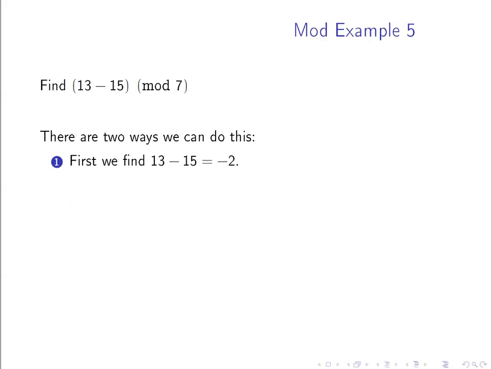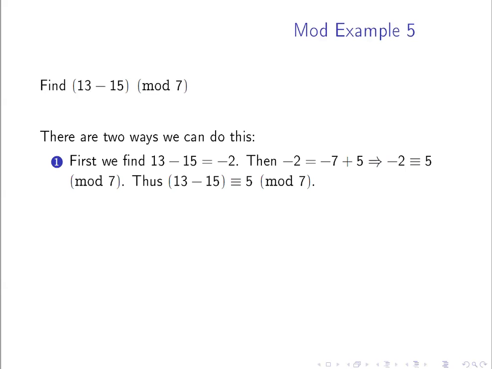So in that case, I have 13 minus 15 is -2. -2 is equal to -7 plus 5. So that tells me that -2 is congruent to 5 mod 7, or in other words, my 13 minus 15 is congruent to 5 mod 7.